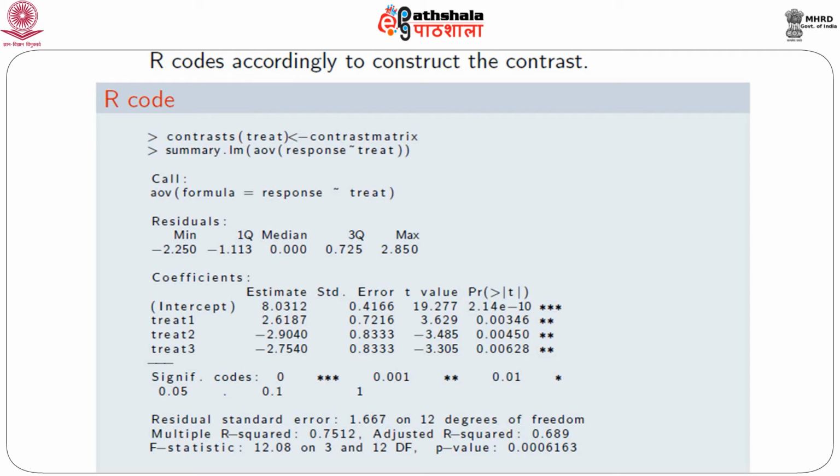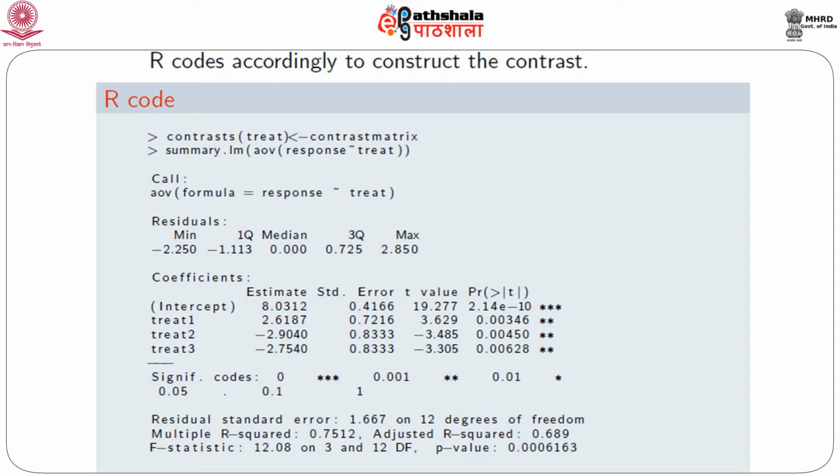So, what we do is we create a contrast matrix and assign that to contrast treat. This sets the contrast matrix for the treatments, and then I apply the function summary.lm to the output returned by aov, for that particular formula.